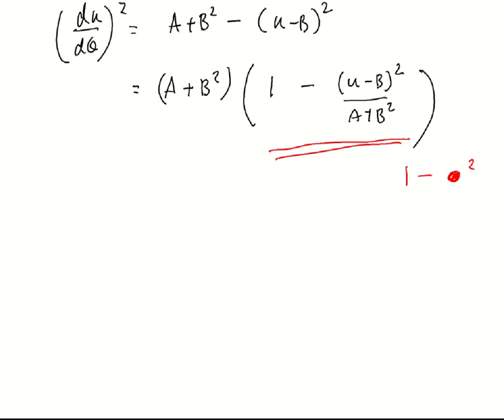Maybe we'll have to do a little bit of work, but it would be really nice if I had a trig function. So say something like cos phi equals u minus b over the square root of a plus b squared.